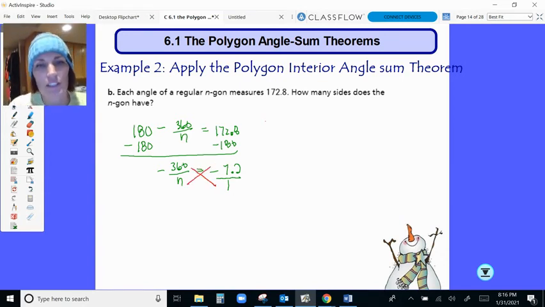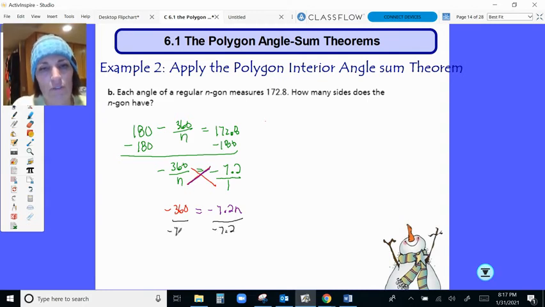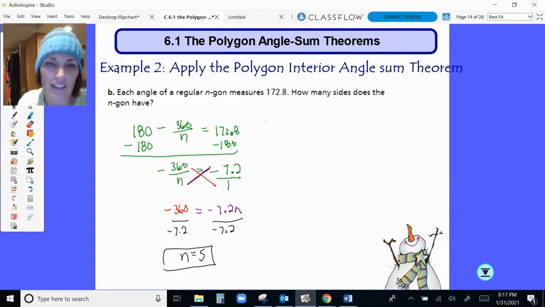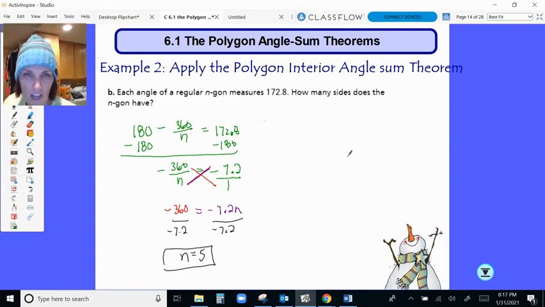So negative 360 times 1 is negative 360, equals negative 7.2 times n, or negative 7.2n. Now I can just solve for n. Divide by negative 7.2, and I get n equals 5. So that polygon is a 5-sided polygon, a pentagon.